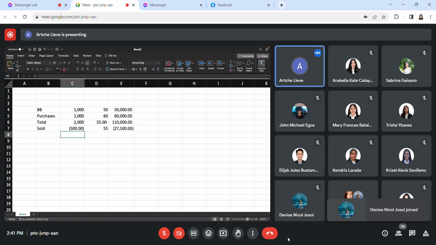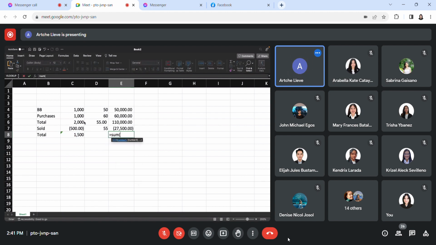So definitely the balance now would be 1,500 units, and the balance for this one should be 82,500. Sorry, I was too quick with my adding.